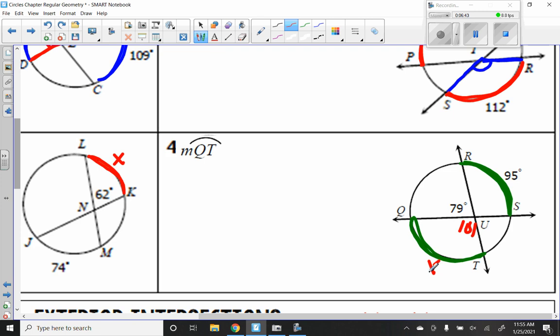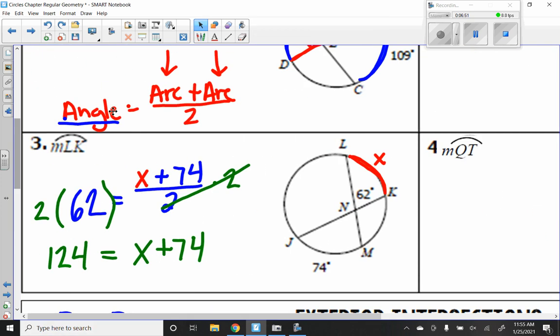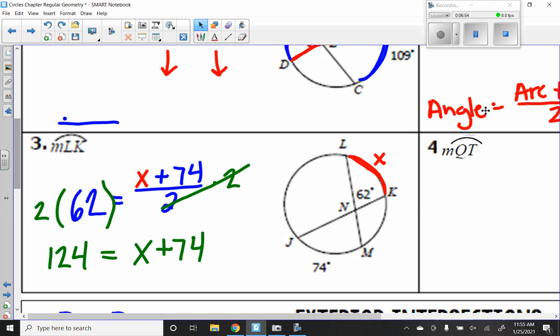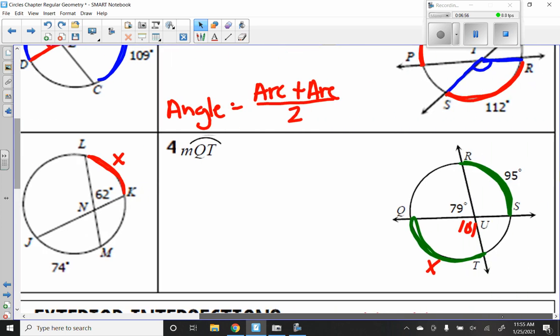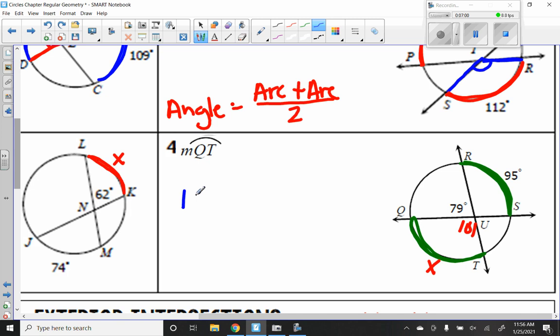I can put an X here, and I can use the same formula that I used for the previous problem. Let me go ahead and grab that formula. Okay, so the angle is 101. I'm going to put X first for my missing arc.